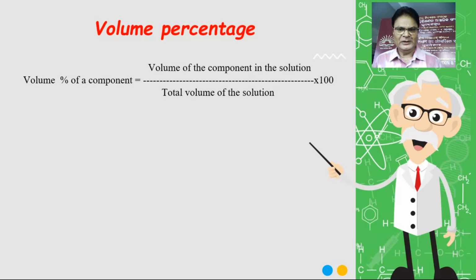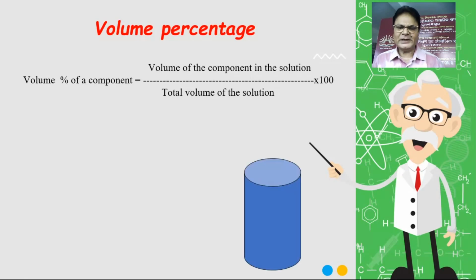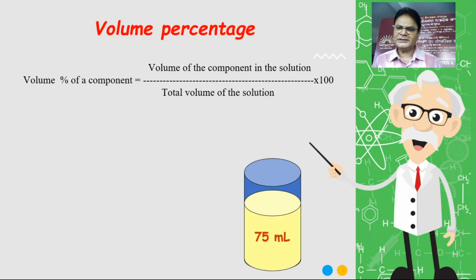This is volume percentage. Look at this example. Suppose we have 40 ml of a solute and some water is added to make it 75 ml. Then what will be the percent volume of the solute?